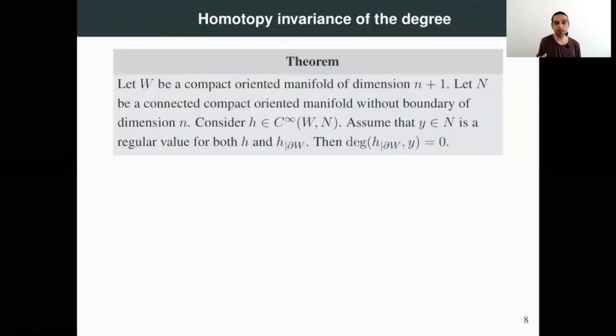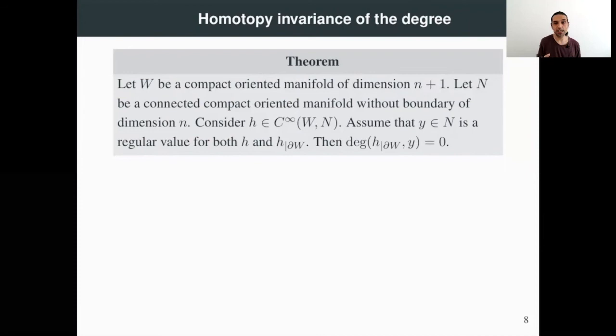The next result is crucial to show that the degree is a homotopy invariant. This is actually the result that is going to imply that property. So consider W a compact oriented manifold of dimension n plus 1, and let N be a connected compact oriented manifold without boundary of dimension n. The dimension of W is the dimension of N plus 1.